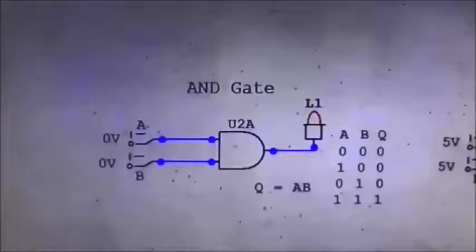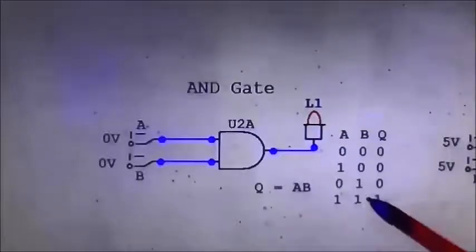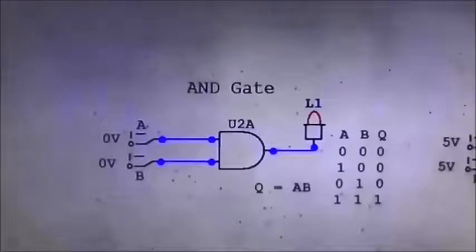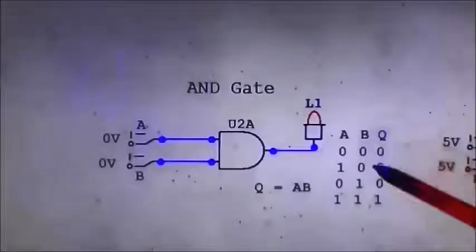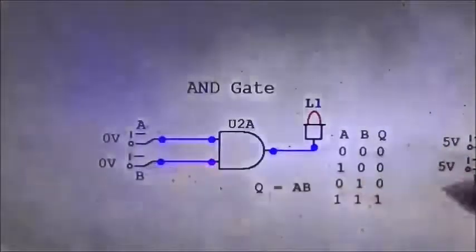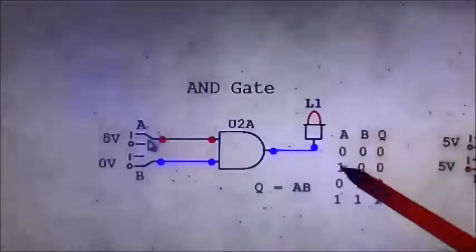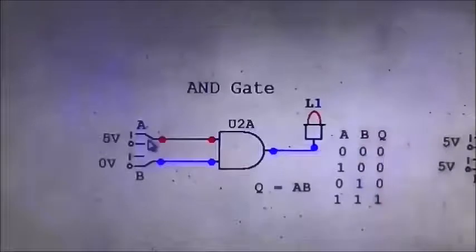Next we come to the AND gate, and the AND gate, as it suggests, will only go high when both the inputs A and B are high. Well, let's test it and see. We've got the simulator running, so A equals 0, B equals 0, Q should equal 0 as well. If we set A to 1 and leave B at 0, Q equals 0, so that's true.